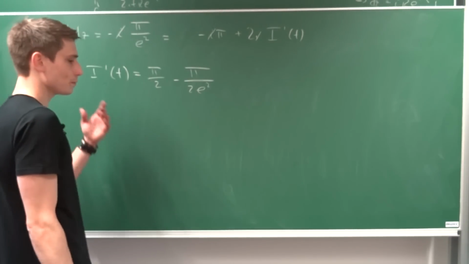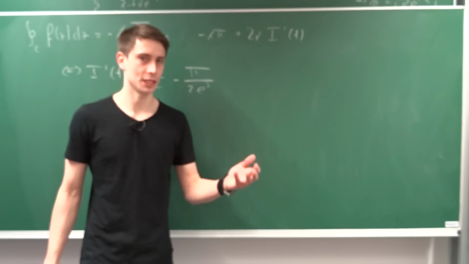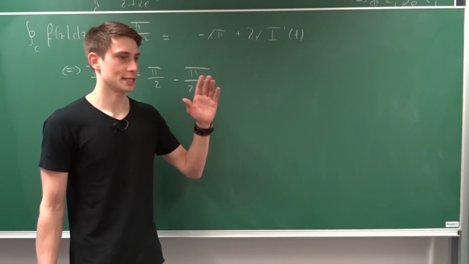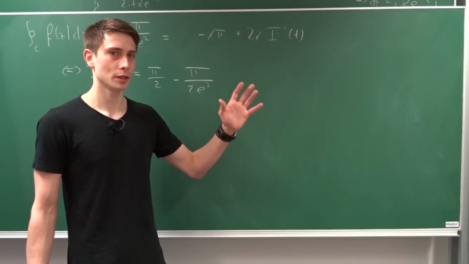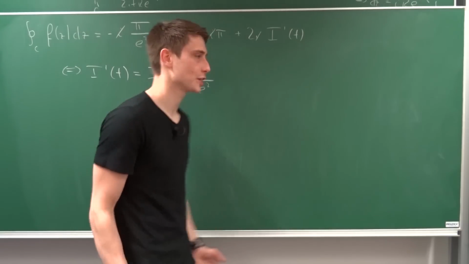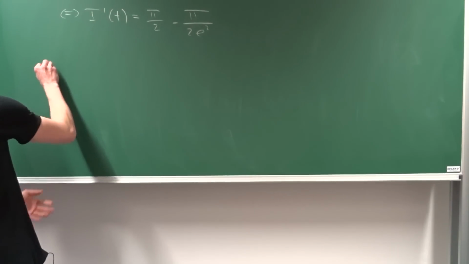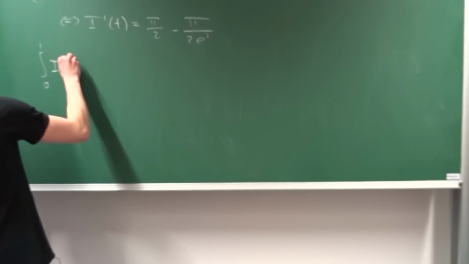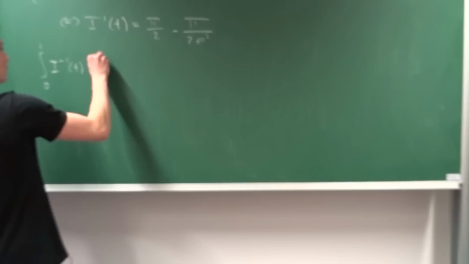So like I said before, I in terms of t equals to 1 is going to be our original integral I. But if we plug in 0 into our original integral, I in terms of t, we would get sine of 0 and this whole thing would vanish. So here's something we can do. We are now taking the integral from 0 to 1 of I prime in terms of t dt.